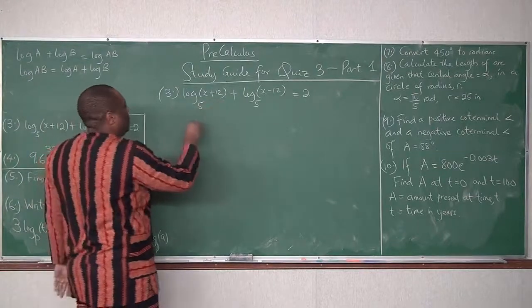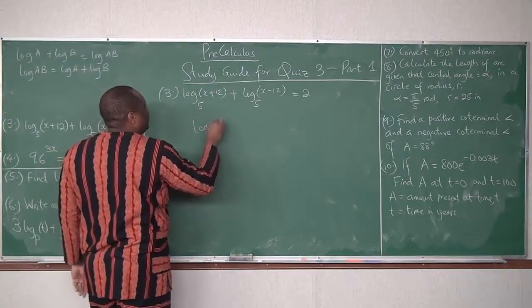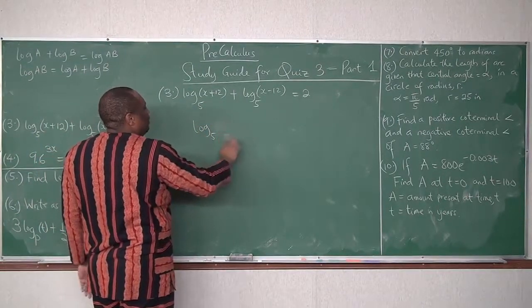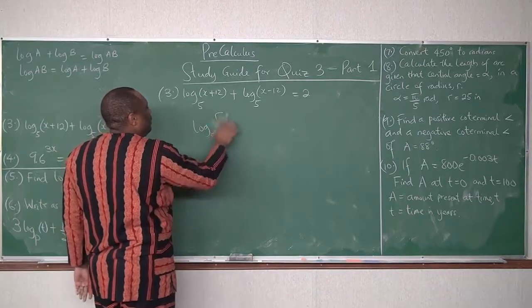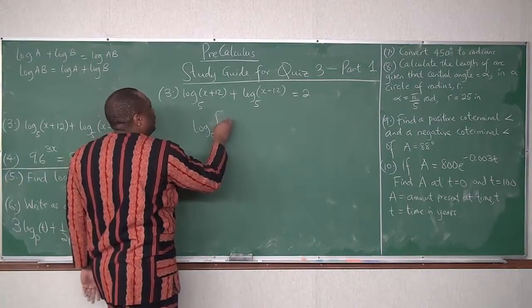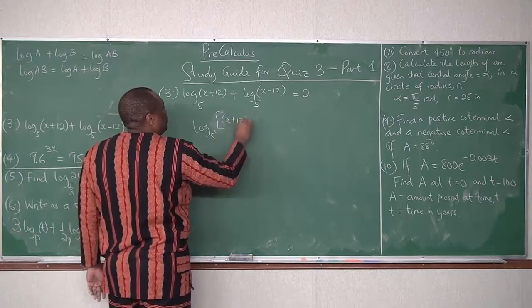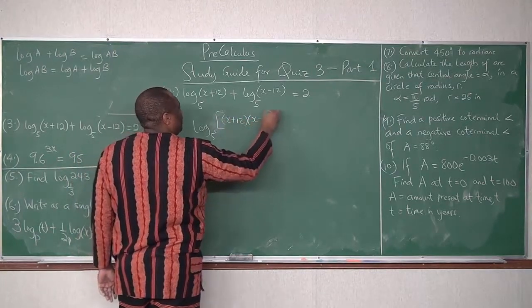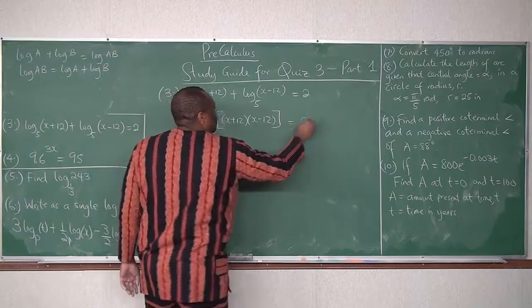So this is log to base 5, and you could have a bracket here: x plus 12 times x minus 12, equal to 2.